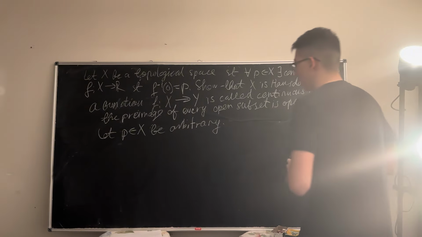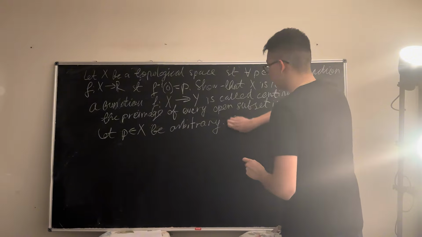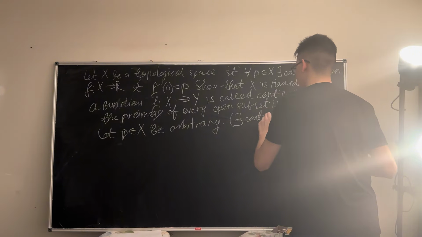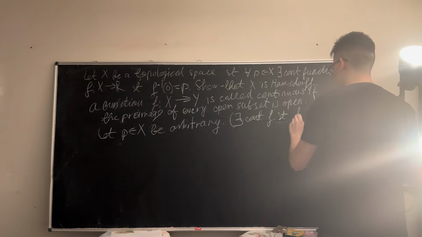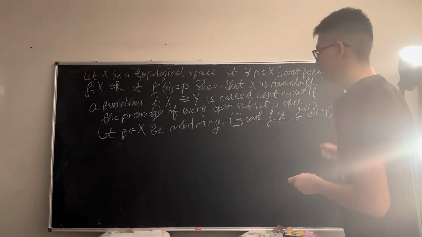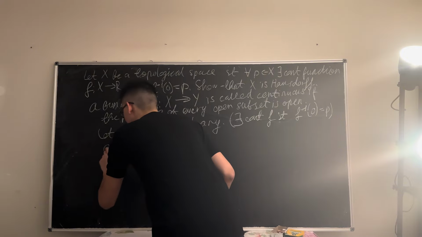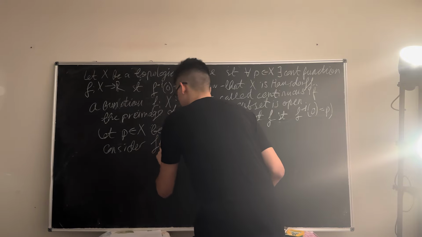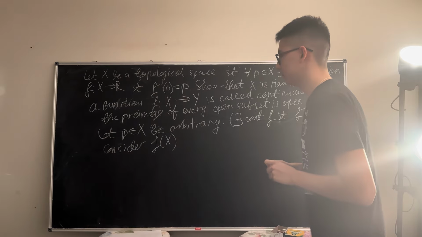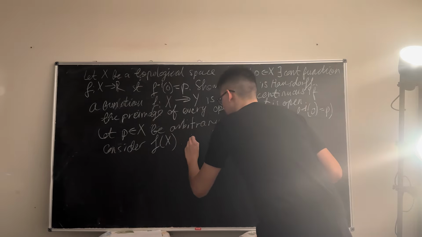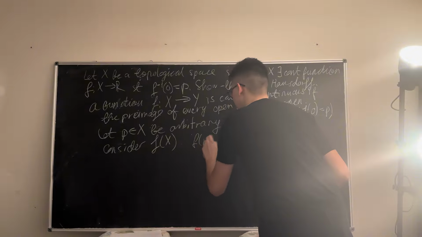All right. Consider, now by definition, there exists a continuous function such that f inverse of 0 is p. So consider f of x. We know that f of p is equal to 0.